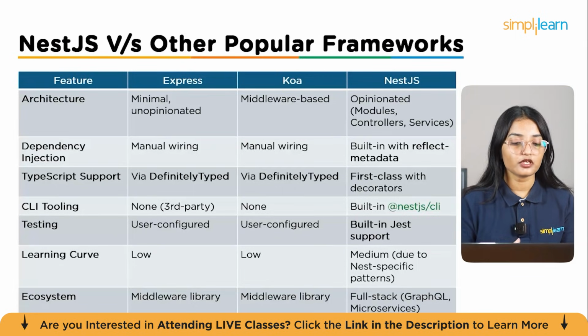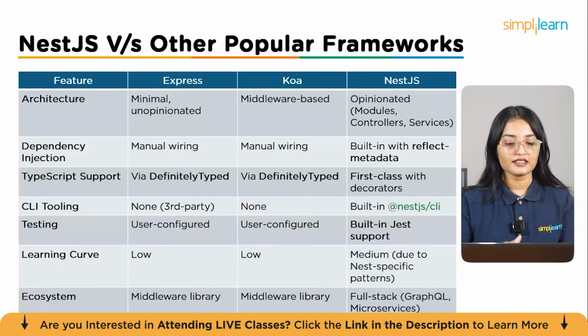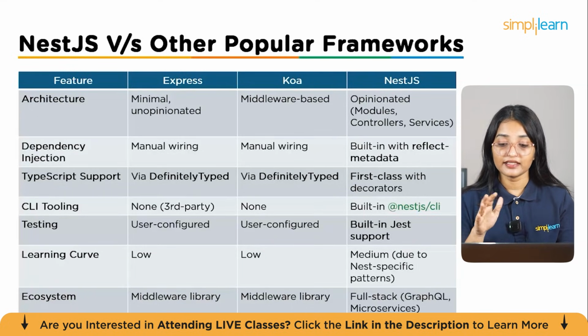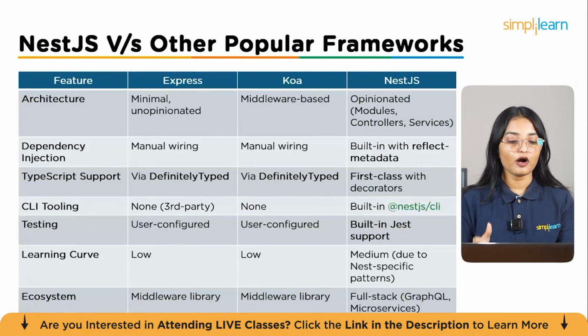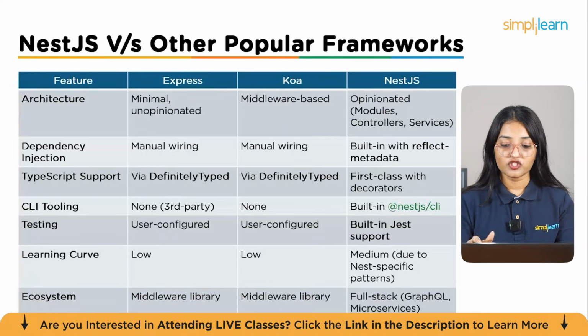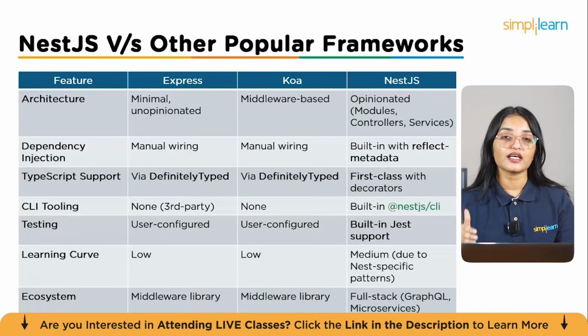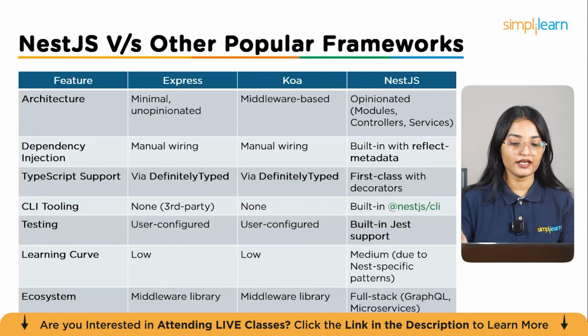Next one is TypeScript support. Now, in Express, it is via DefinitelyTyped. In Koa, it is again DefinitelyTyped, but NestJS supports it first class with decorators. If we talk about CLI tooling, Express supports none, third party. Koa also supports none, but NestJS is built with the NestJS CLI. I'll explain to you later how it works. Then we've got testing.